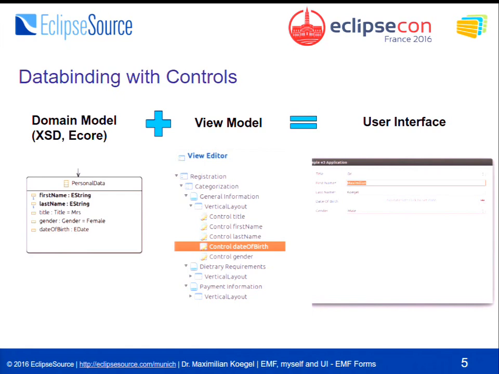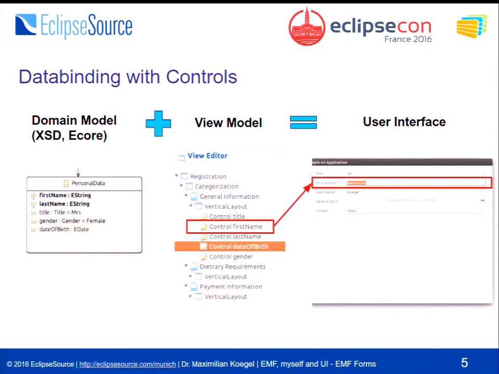How does that work in more detail? The first step and the most important concept is a so-called control. What a control defines in the view model, we have a control here, defines what you can see in the user interface in the red box on the right-hand side. So this control defines that you have some property that you want to input. Usually you have a label in front of that input field, so you know what to input there.